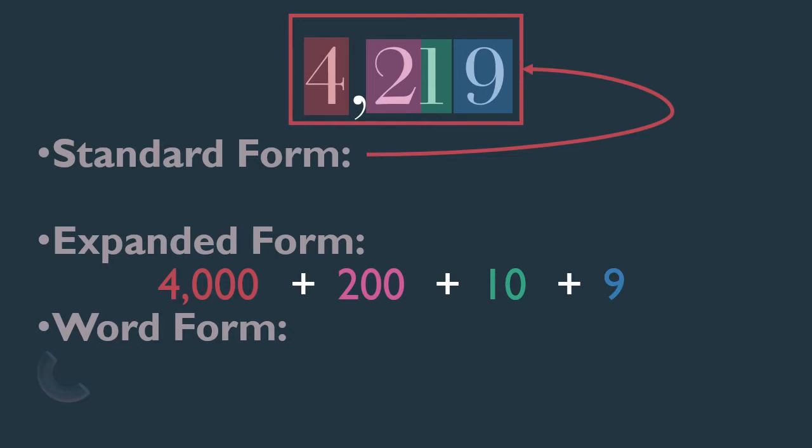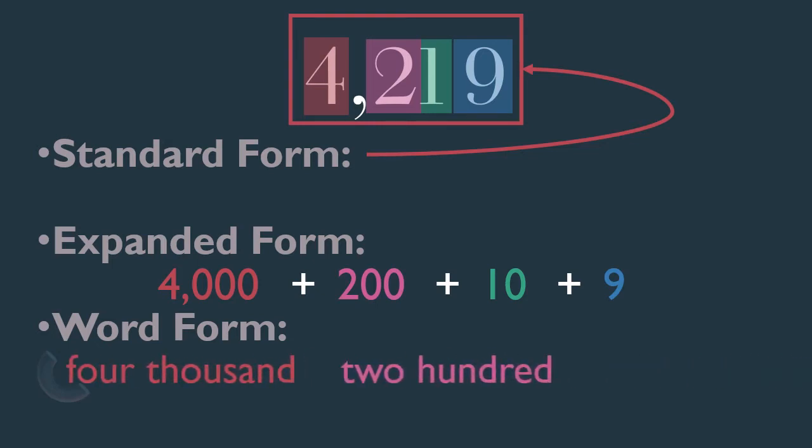Now, word form, we think about our digit, we think about how we would say it, 4,219. So 4,200 and 10 and 9 together is 19. 4,219.